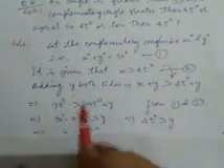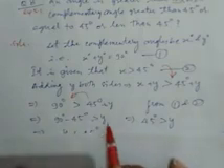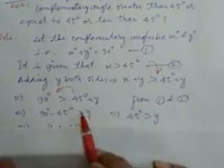Now shift this 45 to this side. When we shift it, it becomes negative: 90 minus 45 greater than y. The sign is the same, so 45 is greater than y, which means y is less than 45.